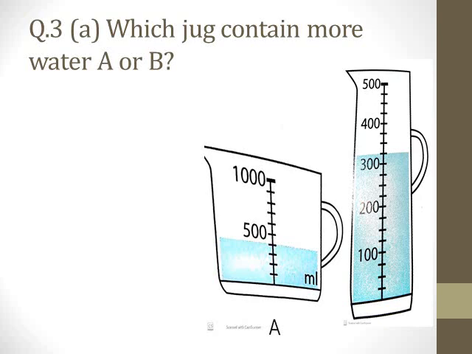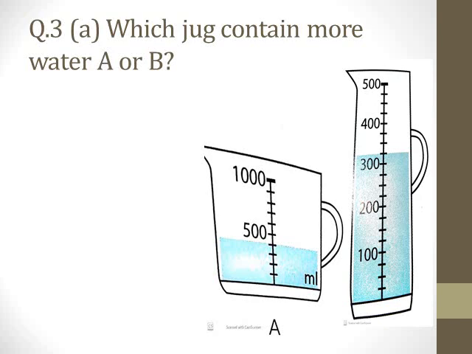I will see here how many readings there are. 1, 2, 3, 4 readings: 100, 200, 300, 400 and 500 ml. And from 0 to 100 I can see there are 4 intervals. When I looked at 500, from 0 to 500 there were 5 intervals, but here from 0 to 100 there are 4 intervals. So this means in 4 intervals there are 100 ml.